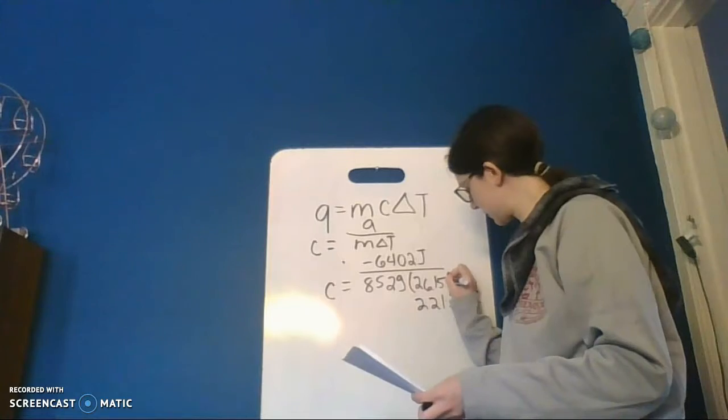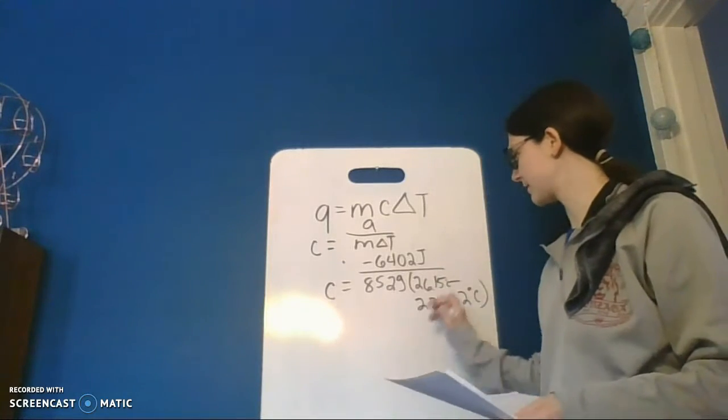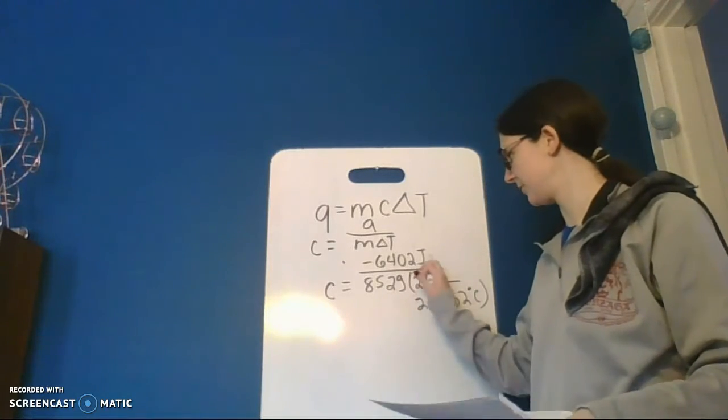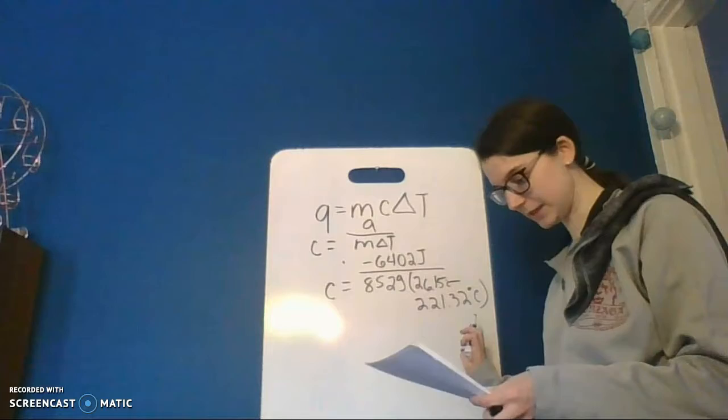So then our unit for this, of course, is going to be joules over grams Celsius.